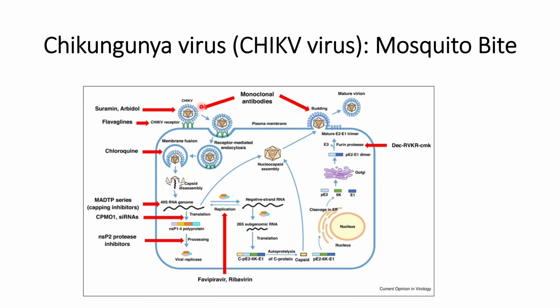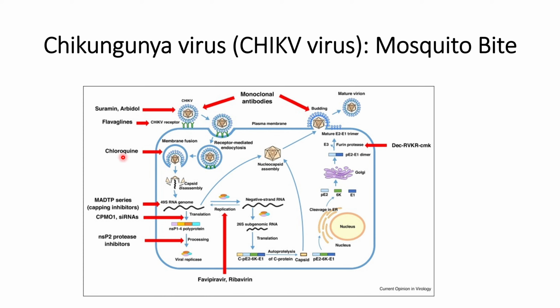For example, in this case, replication can be stopped if the receptors of these cells are taken over by some monoclonal antibodies, so that no receptors are available to interact with the chikungunya virus, so they will not infect the cells.